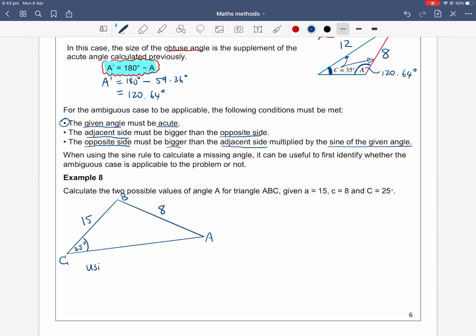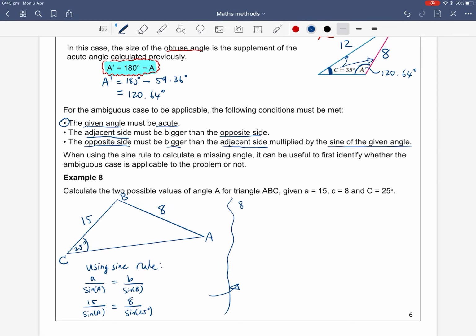So let's use the sine rule. Using the sine rule, A on sine A is B on sine B. So 15 on sine A is 8 on sine 25 degrees.